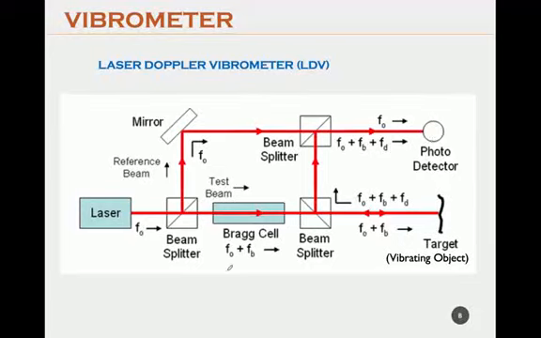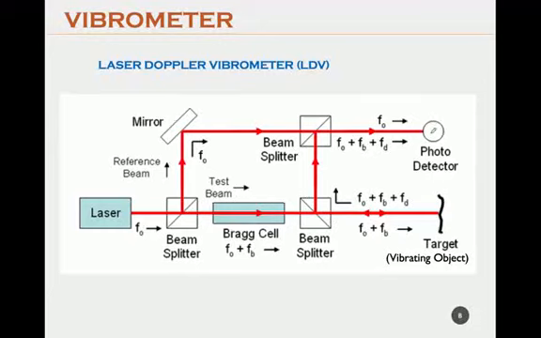In this laser Doppler vibrometer, there's a laser source. There are beam splitters, 1, 2, 3 beam splitters. There is a Bragg cell. It is an acousto-optic device. That is, it can generate a change in refractive index by providing sound. That's a Bragg cell. There is a mirror here.